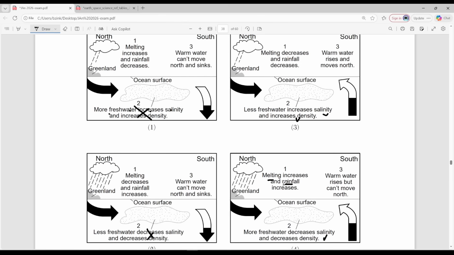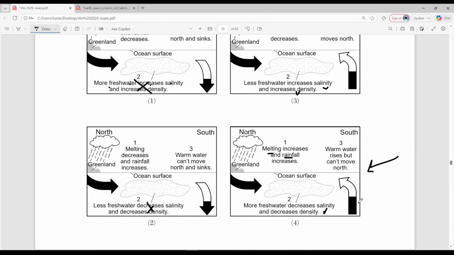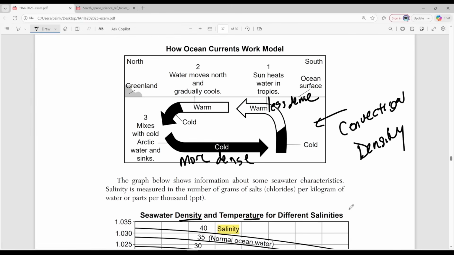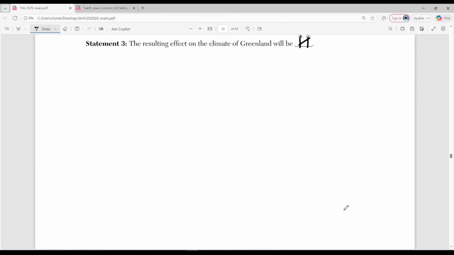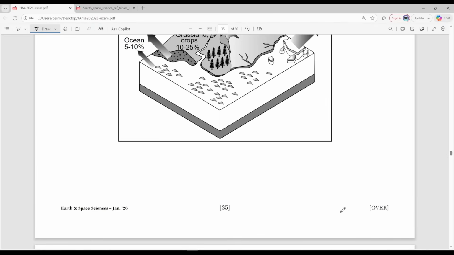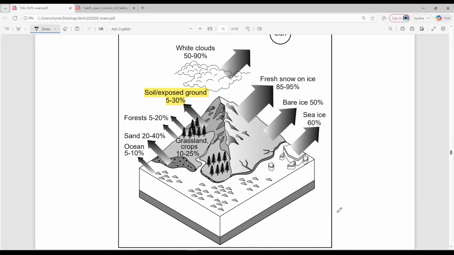And rainfall is going to increase because we're going to have more evaporation and stuff like that. Warm water rises but can't move north because it's being blocked. I'm leaning towards this one. I'm just going to go check to see if there's anything else here. Is this still part of this cluster? It seems like it.